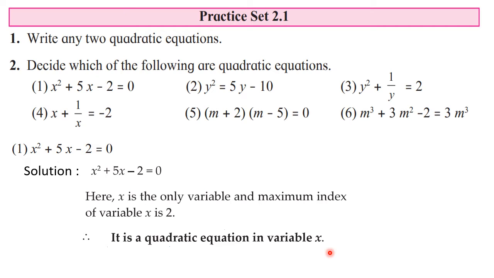So this way you have to write down these two properties. You have to justify these two properties. First of all, we should have only one variable, and second thing is that the degree of the variable, the highest index here, should be 2. Then and only then the equation is quadratic, otherwise it is not a quadratic equation.